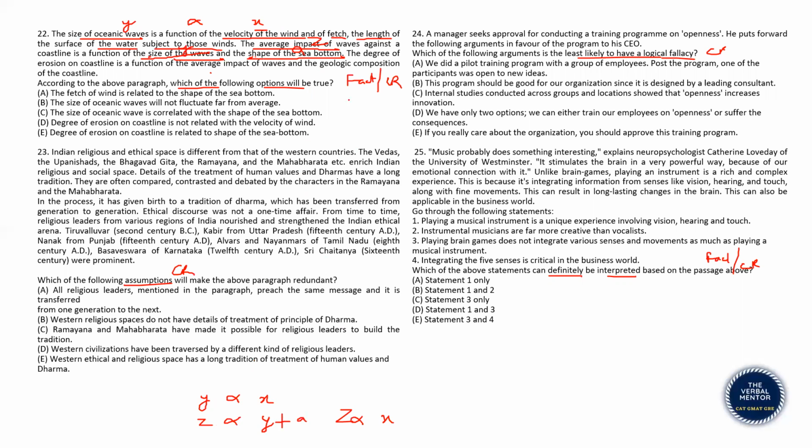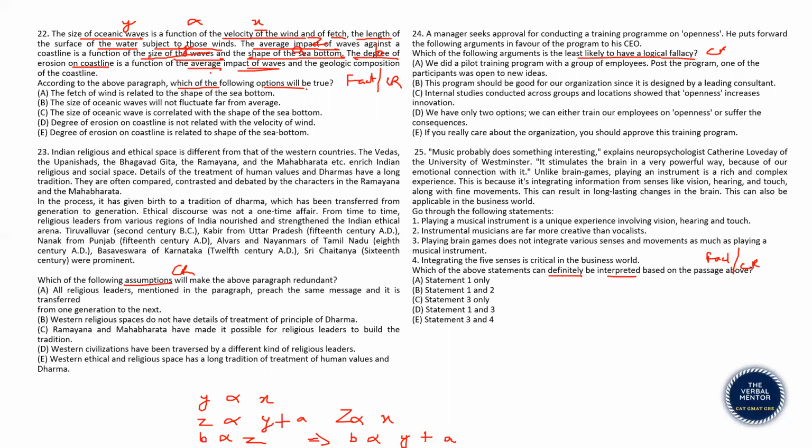All right. The degree of erosion on the coastline is another variable, which is b, and is a function of average impact of waves, which is z. So b is proportional to z. Now, which means b is also proportional to y and a. All right.